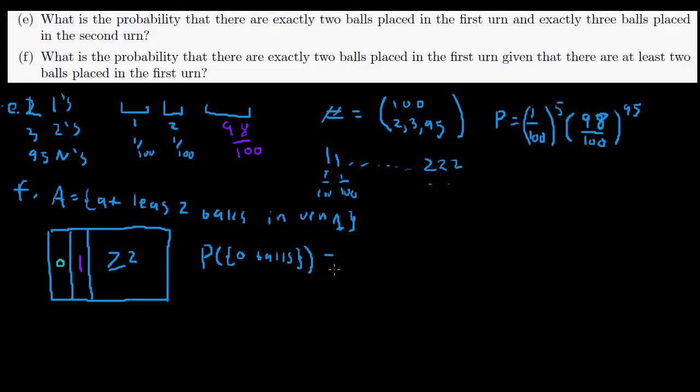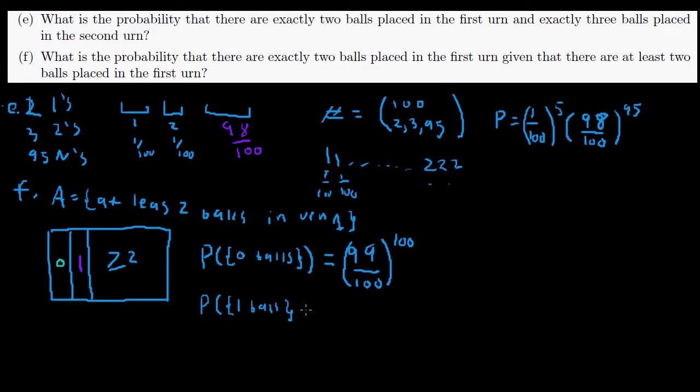Well, now what would I have to get? I would have to get everything except urn 1 100 times. So that's 99 over 100 to the 100. What's the probability of 1 ball?